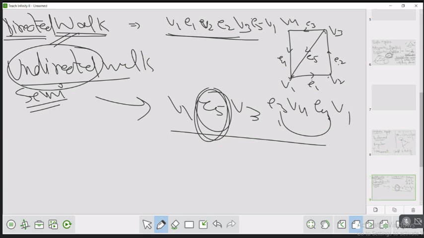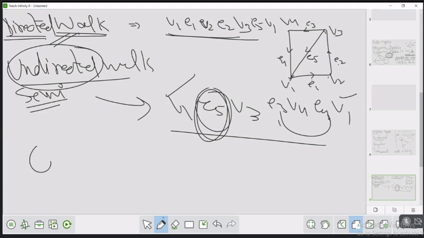And walk is nothing but an alternative sequence of vertices and edges, starting from a vertex, ending at a vertex, and no edge appears more than once. Got it? And also we can discuss what is a path, directed path, semi path, circuit, directed circuit, semi circuit. Okay, connected.